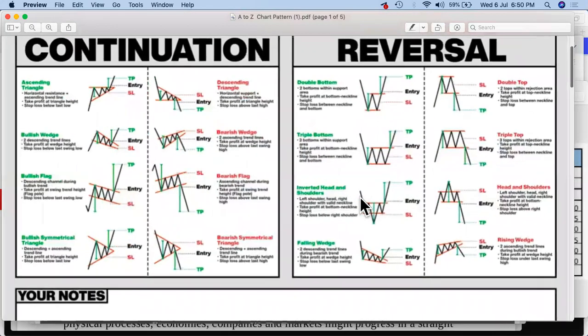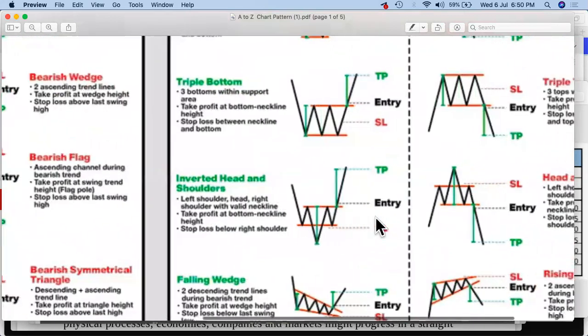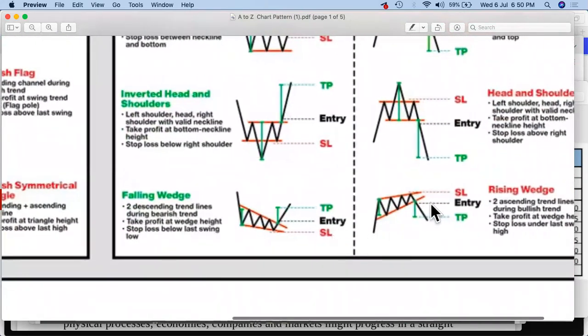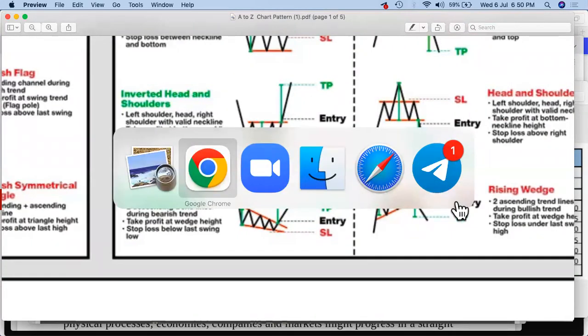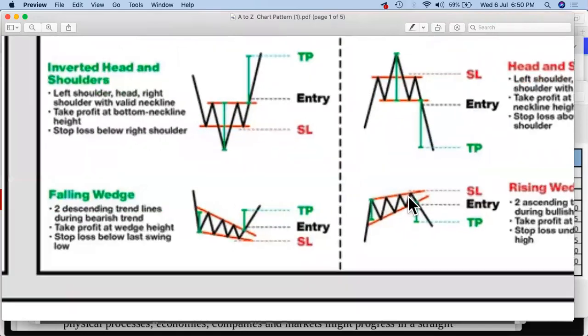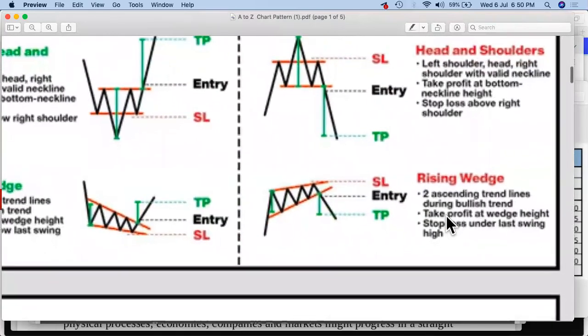We'll start with reversal patterns, and here we'll cover two chart patterns. One is the falling wedge and the second is the rising wedge. Why I'm starting with this is because yesterday and today together we got a rising wedge pattern, so we would like to start with that, just to cover some of the basic fundamentals, which is more into the textbook part. Let's cover that.